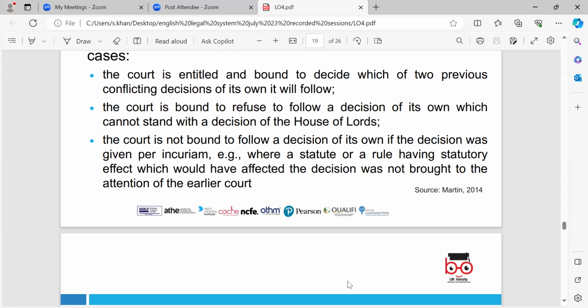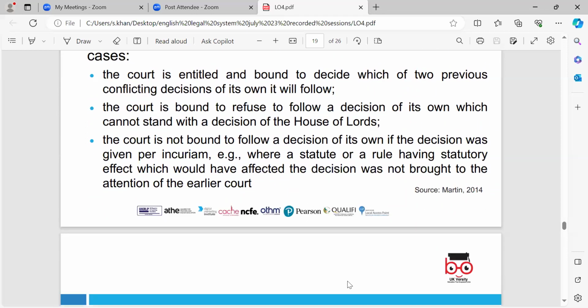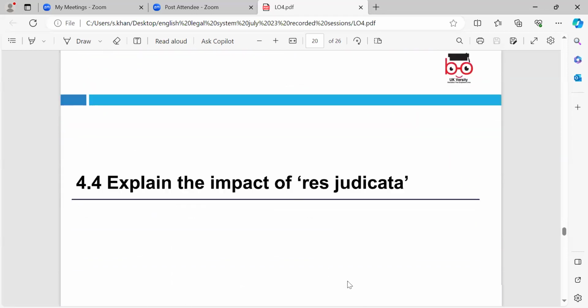On the authority of the decision of the Court of Appeal in Perkins and Hughes Stevenson's 1940, the Commissioner gave effect to the plea in favour of the defendants and the plaintiff appealed. So the court is entitled and bound to decide which of the two conflicting decisions of its own it will follow. So it's really important that these three elements decided by the court need to be followed.